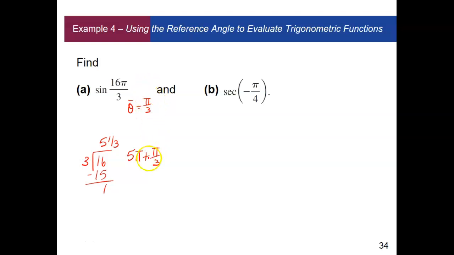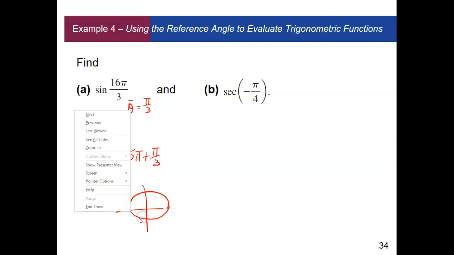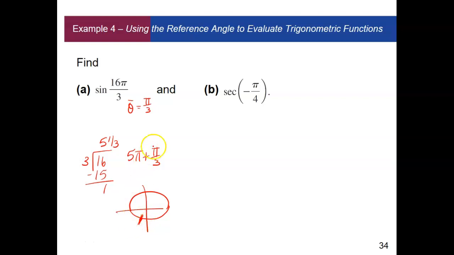And as far as the quadrant, we've got 1 pi, 2, 3, 4, 5, and then we're going to go a third more. So that's going to put me here in the third quadrant. So I have a third quadrant angle, so I know that the sine value is going to be negative.